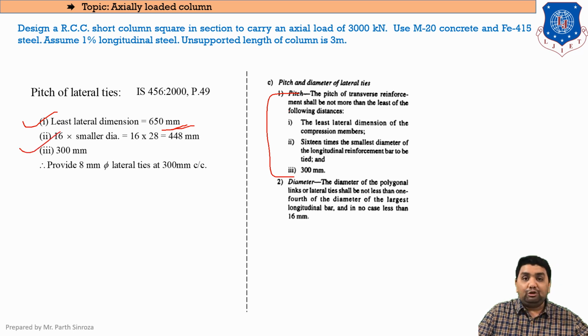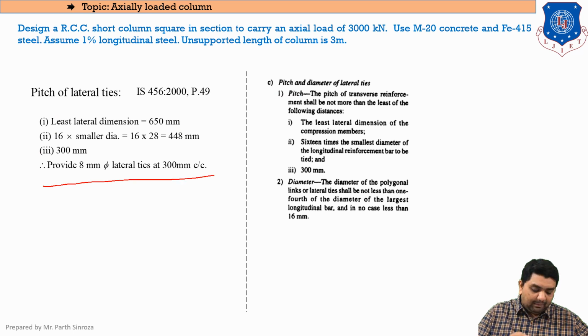Second is 16 into the smaller diameter, which is again 28, because we have provided a homogeneous section, so the value comes out to be 448. And the third is 300 mm. Out of these three, we always need to take the smaller value, because it is mentioned in our code. So the smaller value is 300. So we'll be providing 8 mm dia lateral ties at 300 mm center to center spacing. So this is our design of columns.